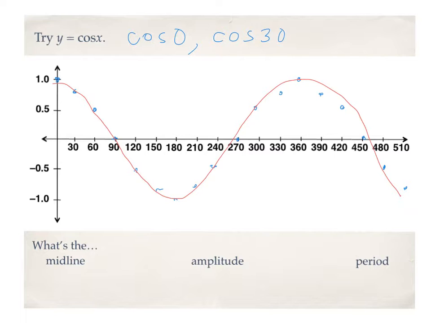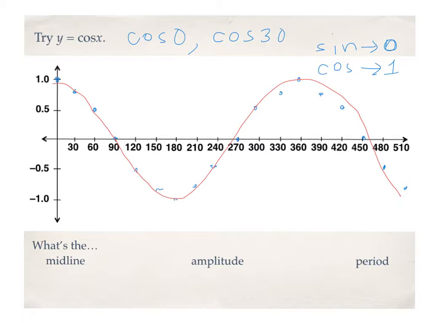So it's remembering that sine starts at the origin, cosine starts at the top, or at 1. Okay, so they start in different places, and that's what's important to know: cosine starts at the maximum, sine starts at the middle.